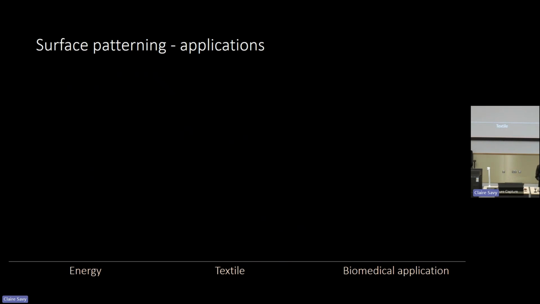So surface patterning has loads of applications, and the applications keep coming up. I just picked up a few different fields where you see lots of surface patterning applications these days, but there's loads of other things around in the food industry, in really different fields. But I picked up a few examples in energy, in textile, in biomedical applications, on why we care about surface patterning.